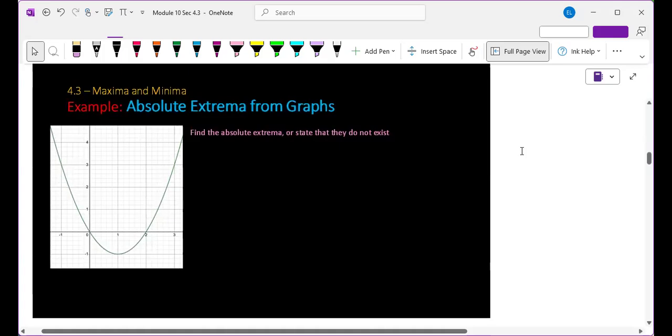So looking at this very beautifully graphed thing, does this graph have an absolute extrema? All right, what does it have? So we can see it's got an absolute lowest point.